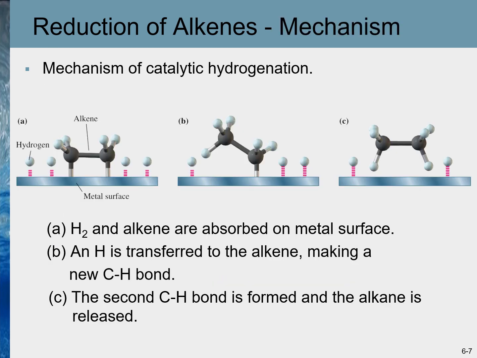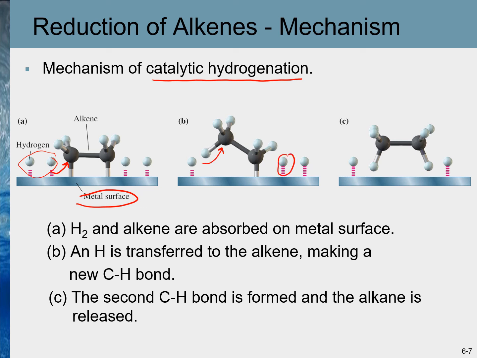The mechanism of catalytic hydrogenation of alkenes involves adsorption of both hydrogen molecules and alkene molecules on the metal surface. When both the hydrogen gas and the alkene are adsorbed close by, a transfer of a hydrogen atom from the metal to the alkene takes place, adding hydrogen to the carbon.